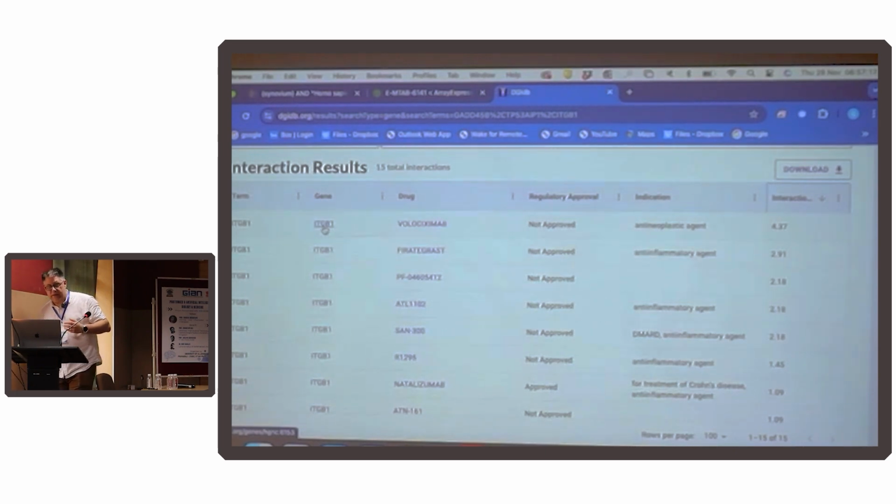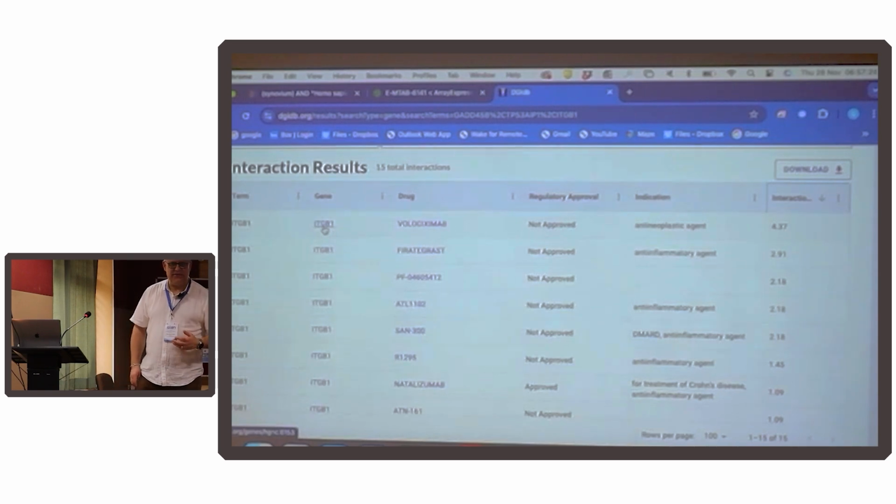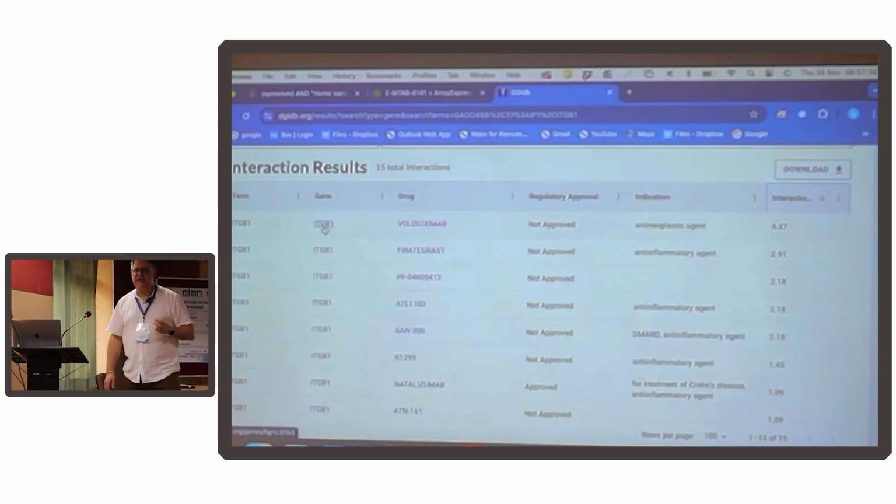So this is volociximab. Sorry, you have to get your tongue around drug names sometimes. Volociximab is an anti-neoplastic agent. That's quite good because neoplasms are cancer, so this is good for treating cancers. Integrin beta 1 is a target.